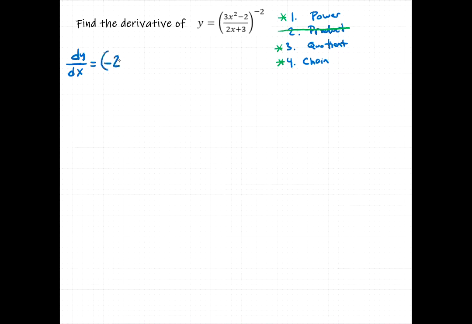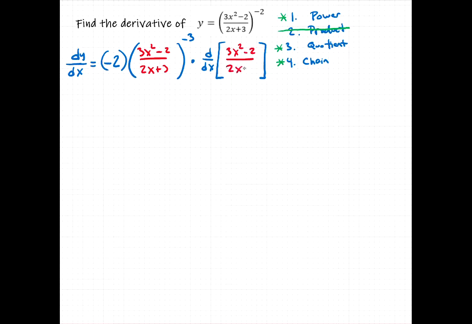So the negative 2 comes out front, the power drops by 1, and the inside stays the same, 3x squared minus 2 over 2x plus 3. And then we multiply that by the derivative of the inside function, which is 3x squared minus 2 over 2x plus 3.